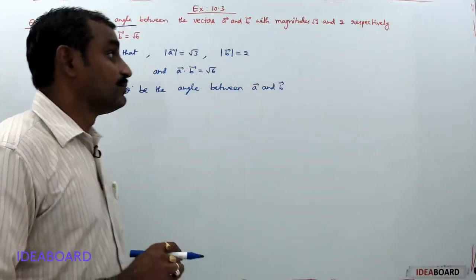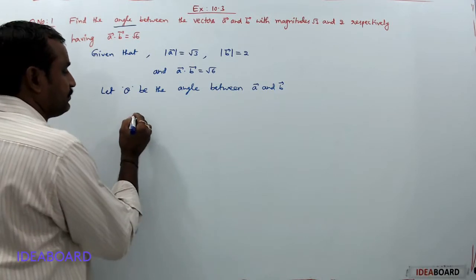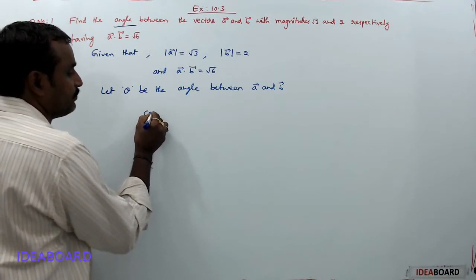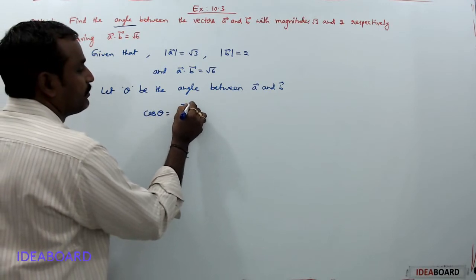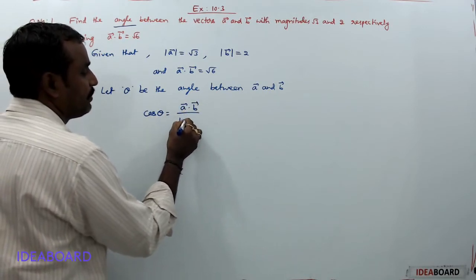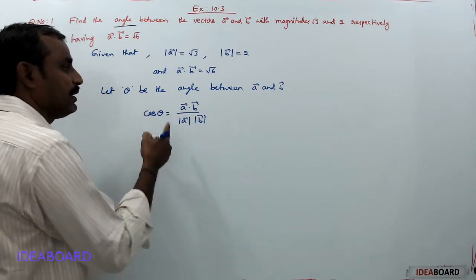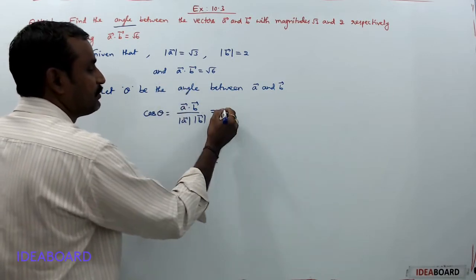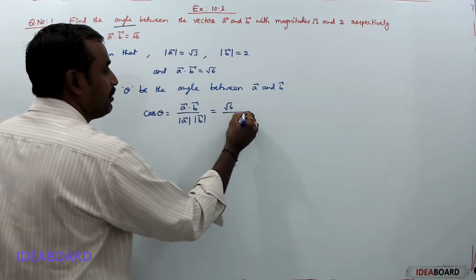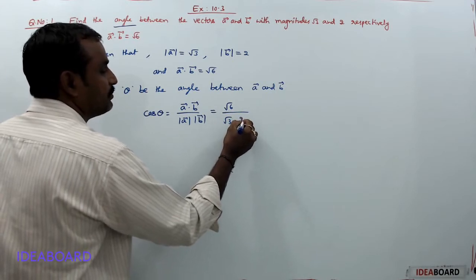So cos theta is equal to a bar dot b bar by magnitude of a bar into magnitude of b bar. a bar dot b bar is root 6, magnitude of a bar is root 3 and magnitude of b bar is 2.